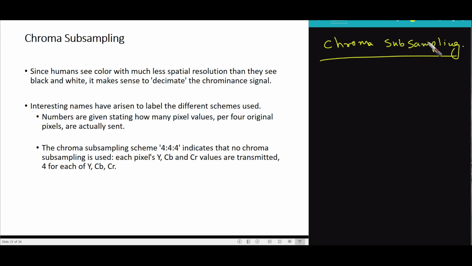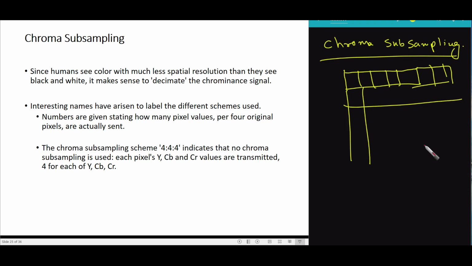So this is subsampling. You see, with subsampling, we already have the sample data digitally. We already have the digital data, pixel by pixel. Now let's say these are all two-dimensional structures.